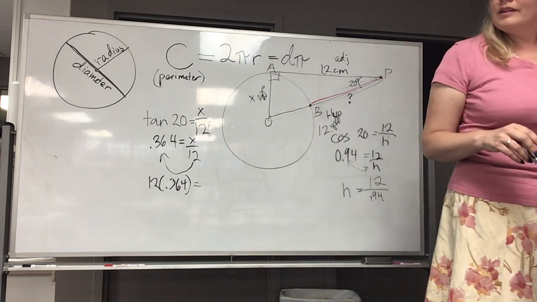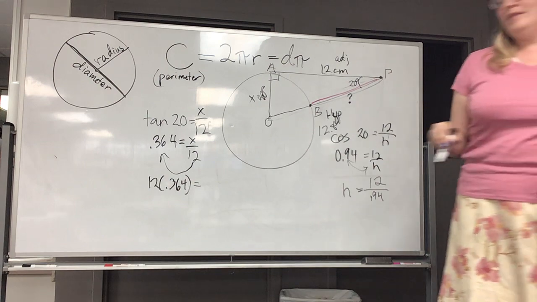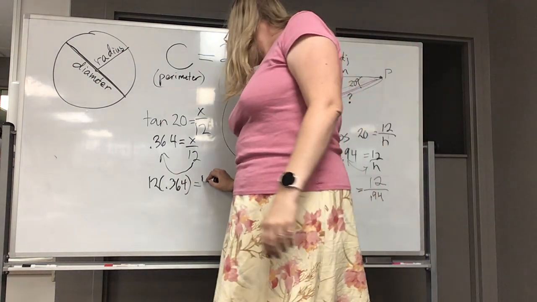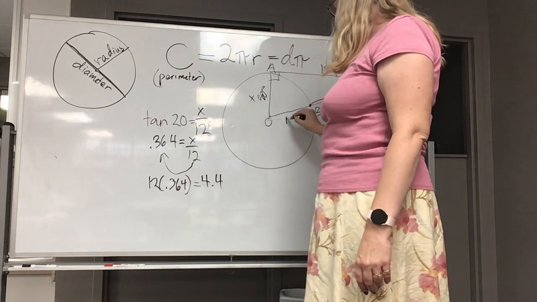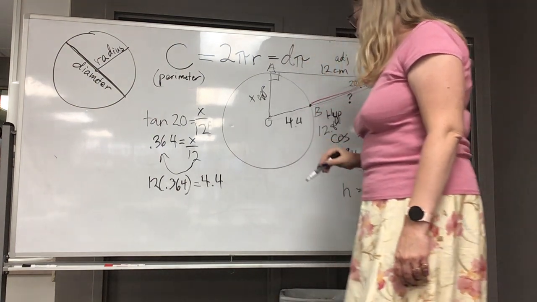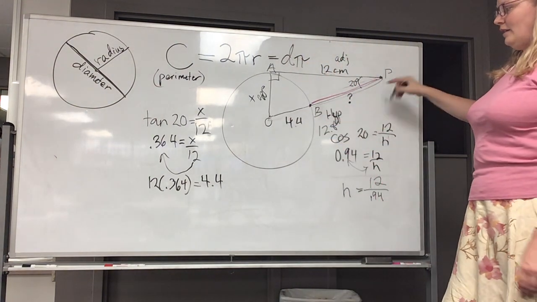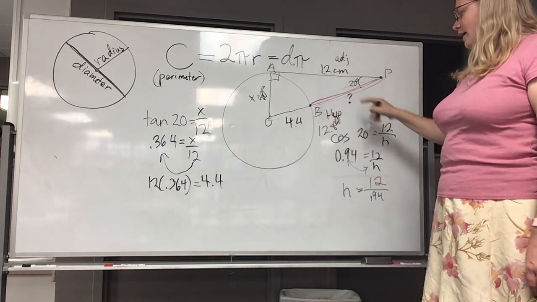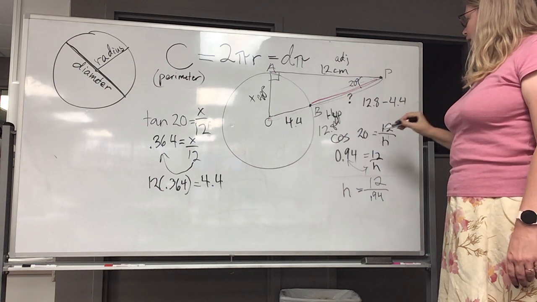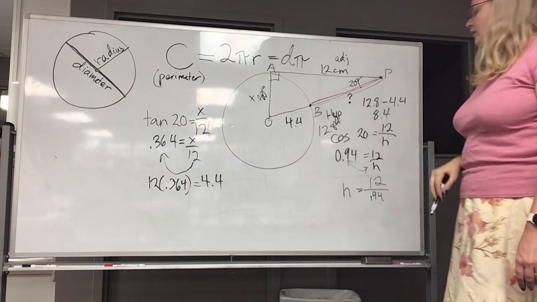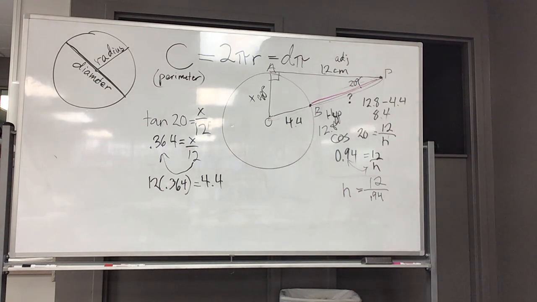What do we get? 4.4. Oh, never mind, that was off. That's why we do calculators. So this is 4.4. The whole thing is 12.8. This is 4.4. To find this piece, we take our 12.8 and subtract 4.4, and we get 8.4 left over.